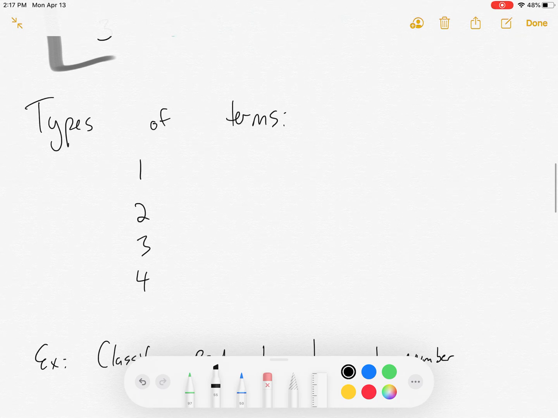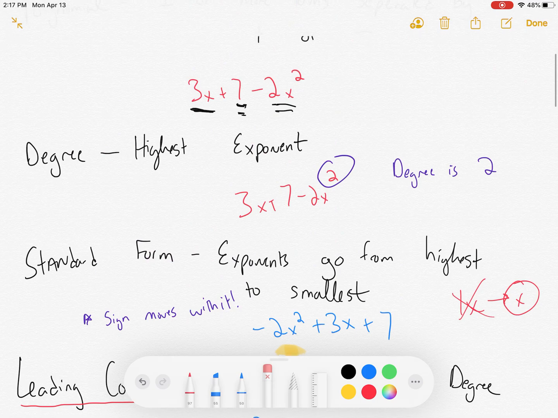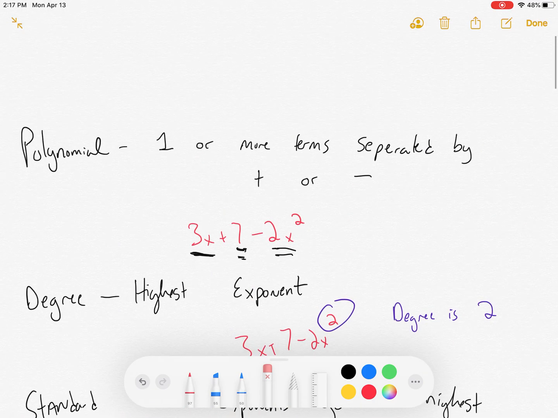Okay, now types of terms. Again, terms are separated by a plus or a minus. So a term of 1 could just be 3x squared. There's only one term there. You might say, well, Mr. Adler, there's a 3 and there's an x squared. Isn't that 2? No, it's not 2 because, again, terms are separated by plus or minus.